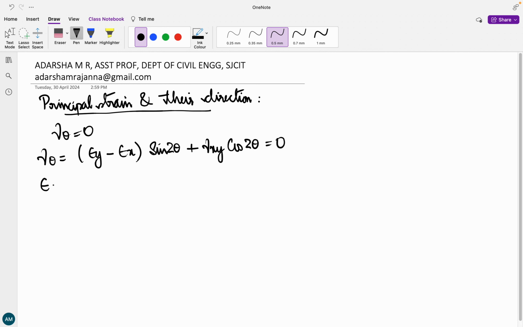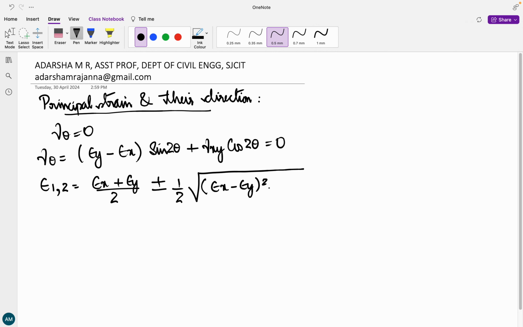So epsilon 1 and 2, you can calculate as (epsilon x plus epsilon y) by 2 plus or minus half under root of (epsilon x minus epsilon y) the whole square plus gamma square xy.